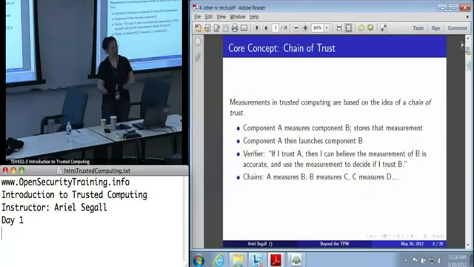If I trust B, then I can trust that it measured C correctly and evaluate that measurement. So I can start from a root and build up to potentially a pretty long chain of I trust A, so I trust B. I trust B, so I trust C. I trust C, so I trust D. And at every single step of the way, I'm actually checking a measurement. So I'm not blindly trusting anything except that root.